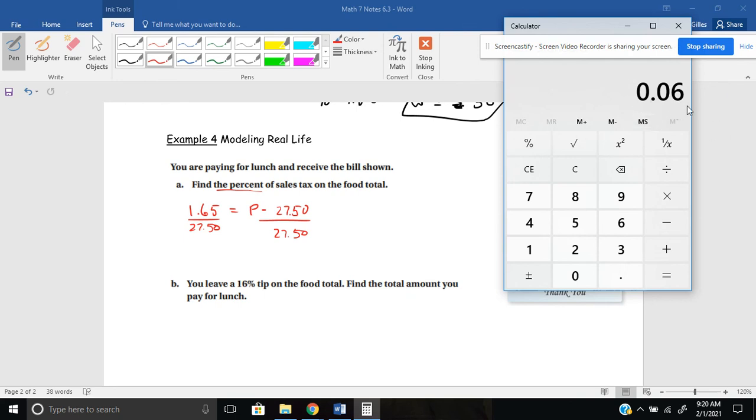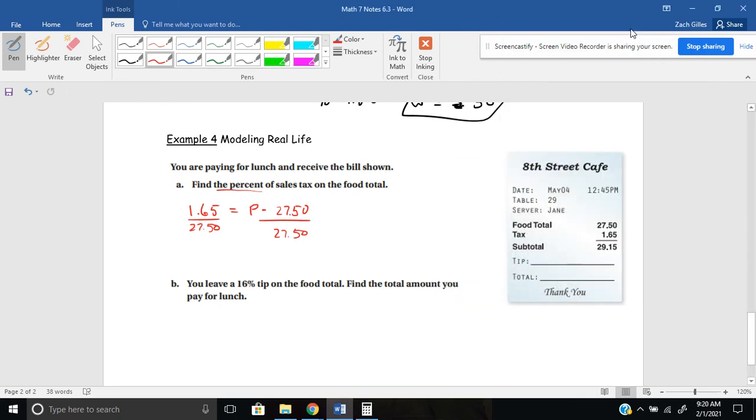Move my decimal 2 to the right. That would give me 6%. And that is very normal, especially here in Wisconsin. Sales tax I think is like 5.5%. So this is really reasonable.